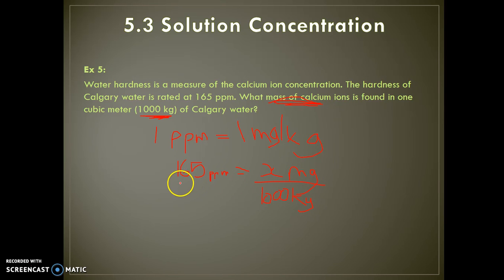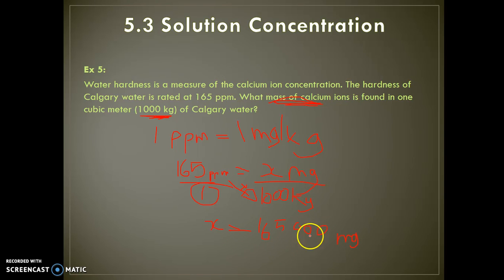So I need to solve for X. Remember, this is over 1, so I can cross multiply these two numbers. So 165 times 1,000 is X, which would equal 165,000 milligrams.